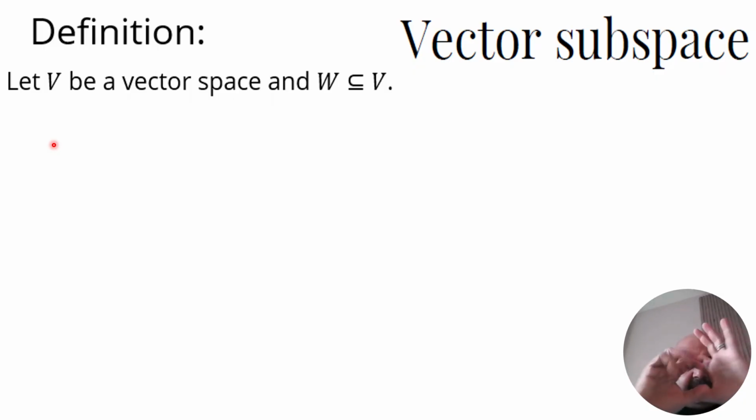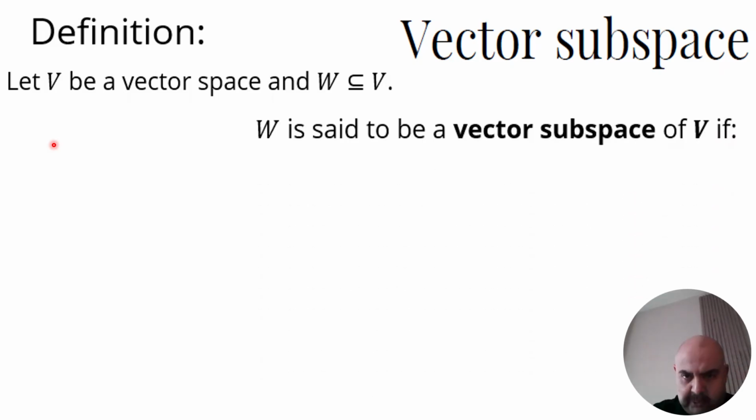The subspaces are smaller circles inside the big one. The only conditions for a subspace are the following. Number one, the existence of the origin. The origin of the vector space should belong to both of them, the vector space and the subspace.